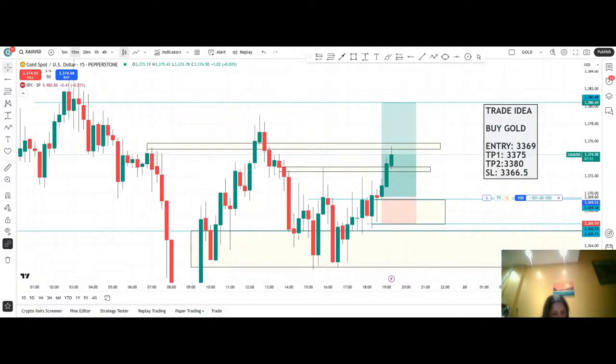Beautiful. Okay, that is beautiful. You see how it's rejecting off 3395. It went to 3395 and it's rejecting off there now.